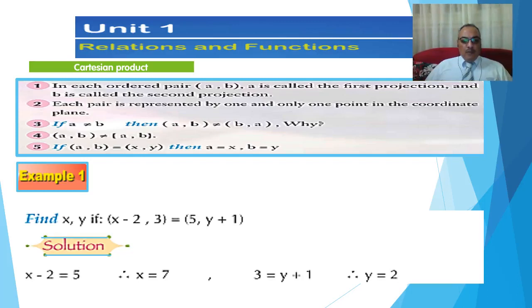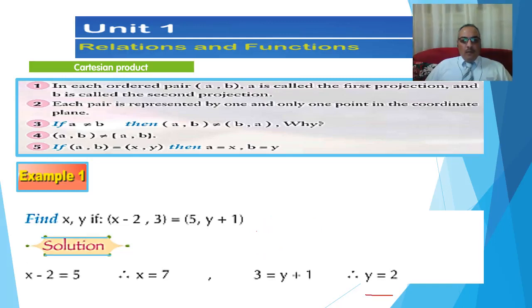So X minus 2 equals 5; move 2 to the other side with the opposite sign, so X equals 2 plus 5 equals 7. And 3 equals Y plus 1, or Y plus 1 equals 3. Solve this one: Y equals 3 minus 1 equals 2.